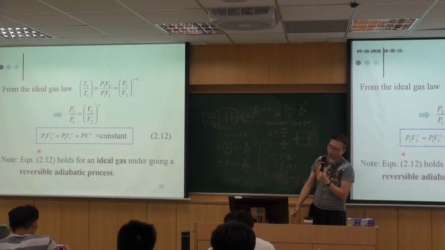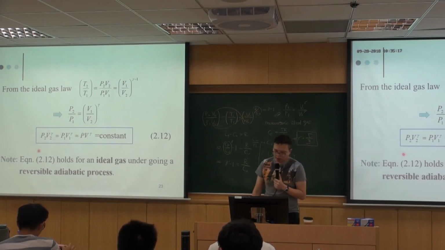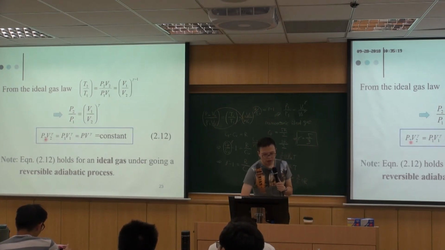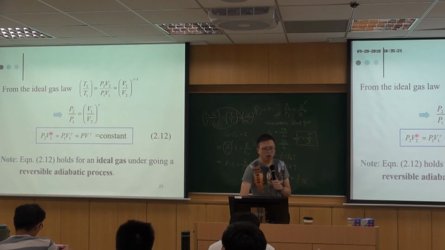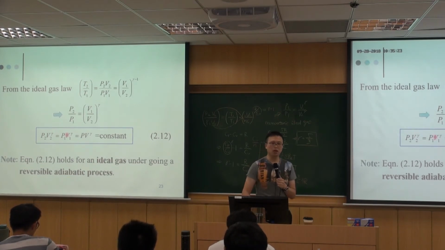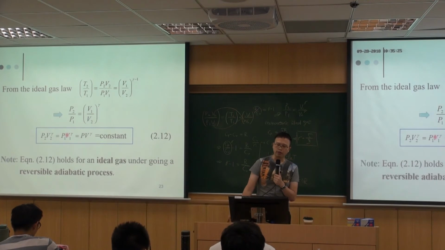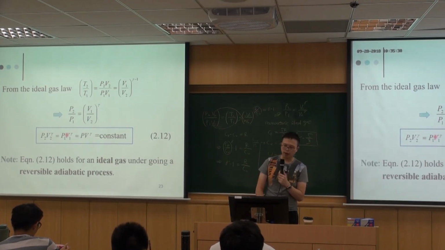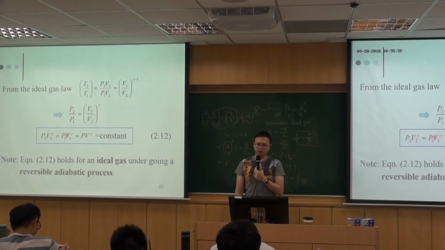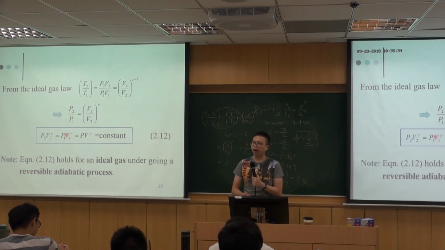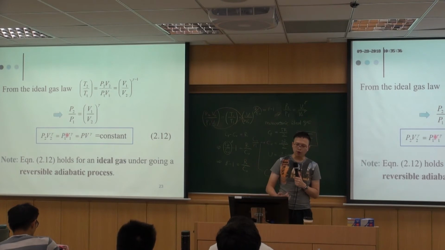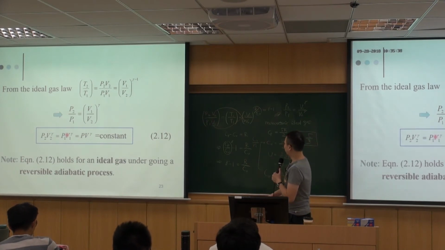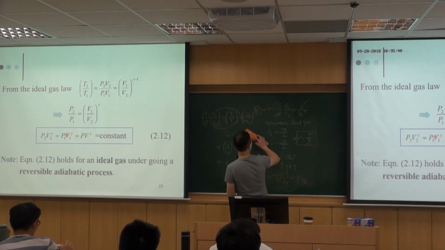Therefore, we will reach a very important conclusion that PV to the power of gamma will be constant for any kinds of adiabatic processes. Well, reversible adiabatic processes. So as long as you're dealing with ideal gas, then you know that PV to the gamma is a constant.